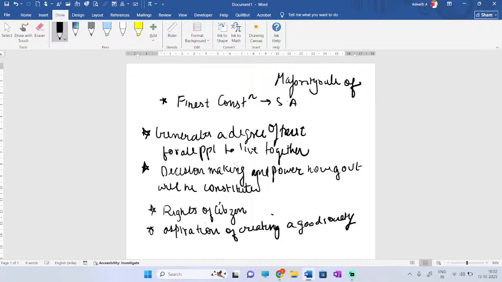Four points, four marks question. Generates a degree of trust for all people to live together. Decision making and power. How government will be constituted and rights of citizen. Aspiration of creating a good society.